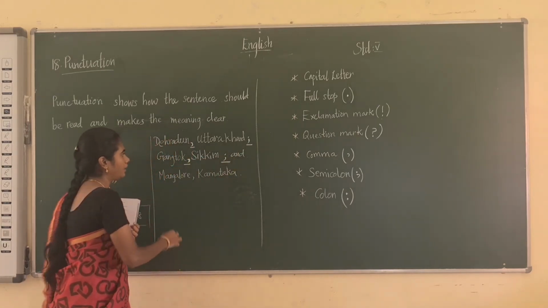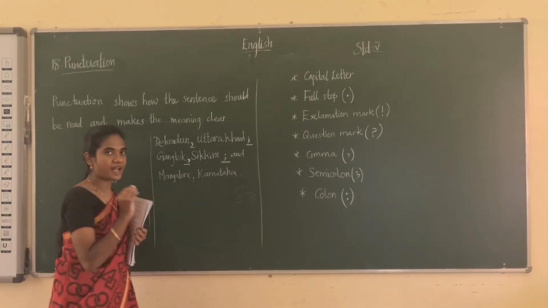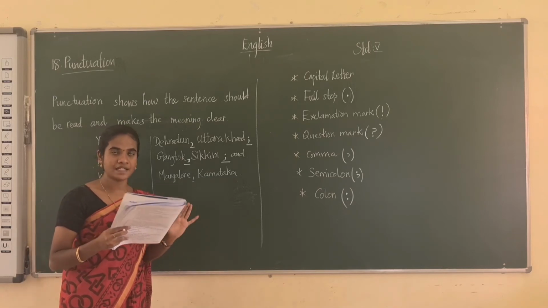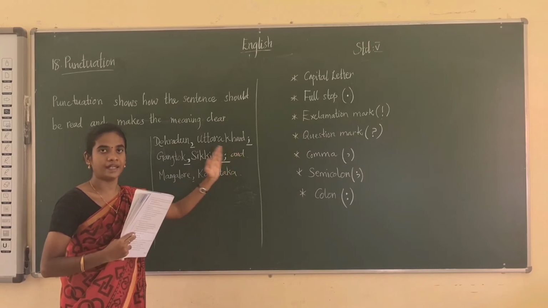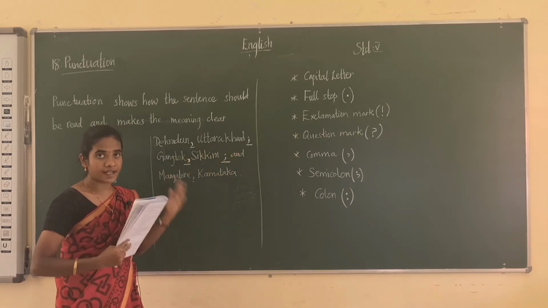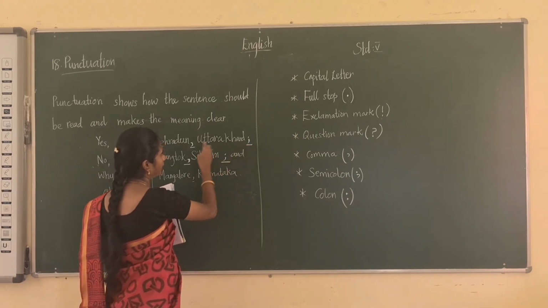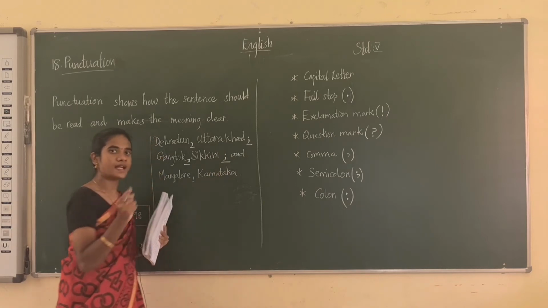And you have to put Mangalore, comma and Karnataka. Like this pattern only you have to write. So in a list, if you have several commas, at that place we can use the semicolon, like one comma one semicolon.